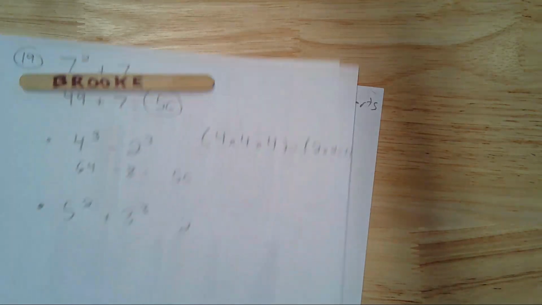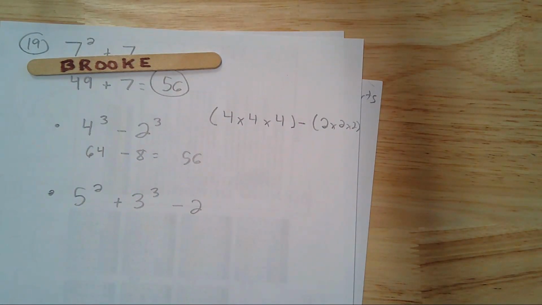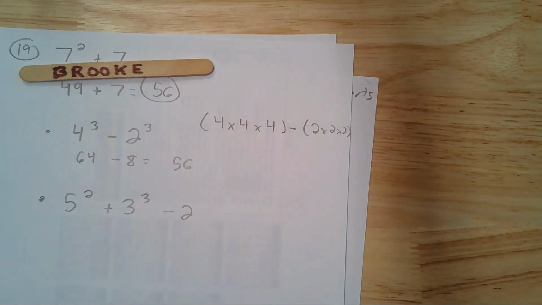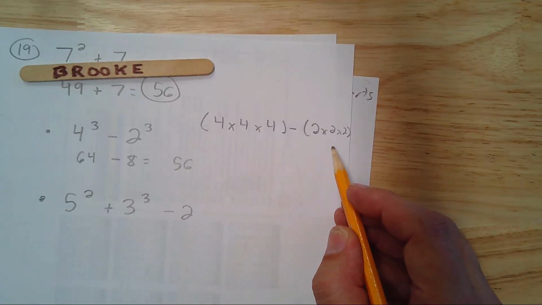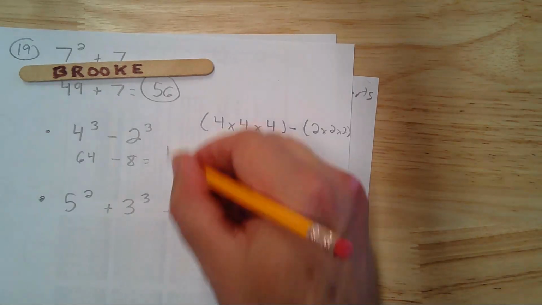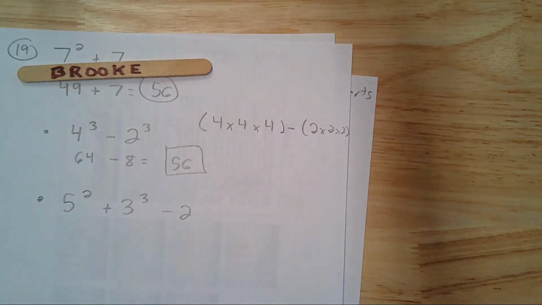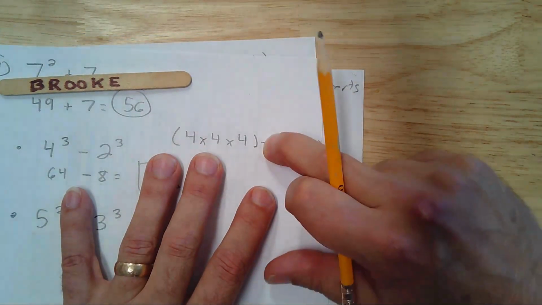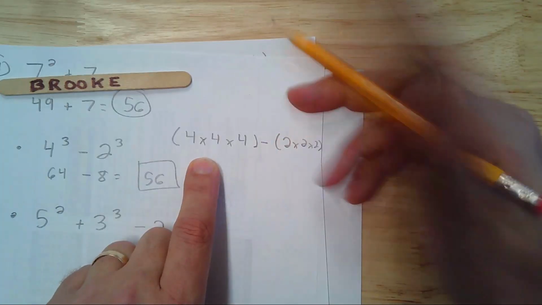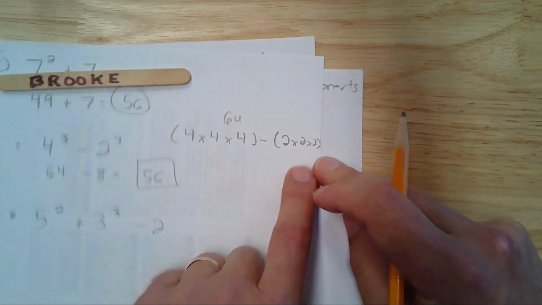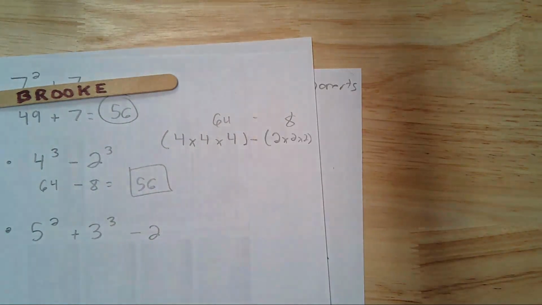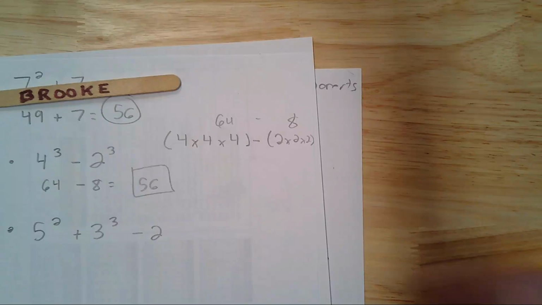I'm just illustrating what we just did. What I care about is 56. Basically, I do one multiply problem, get my 64, then do my other multiply problem, and subtract the two products from each other.